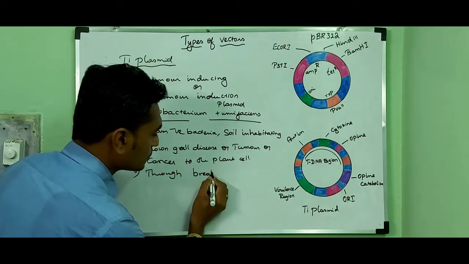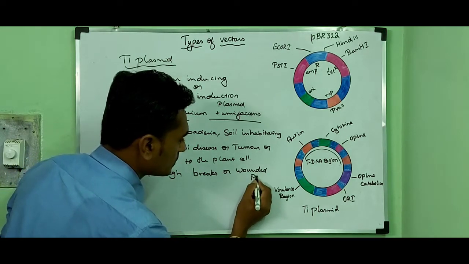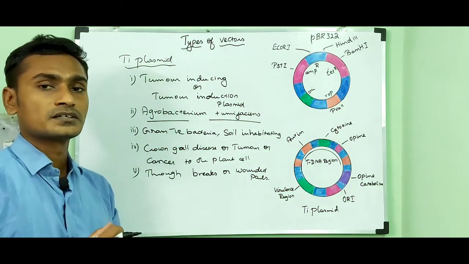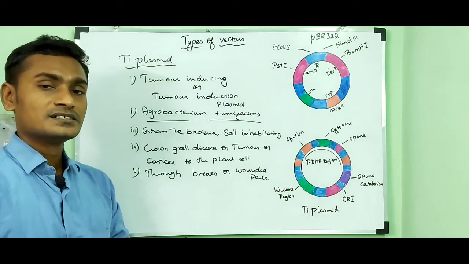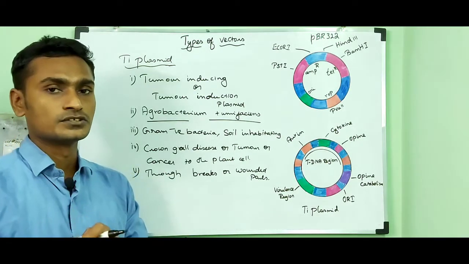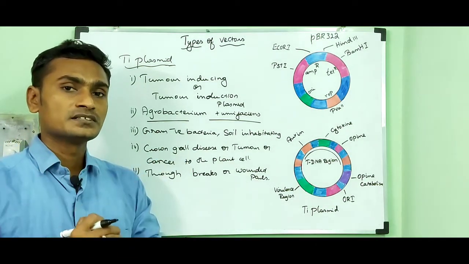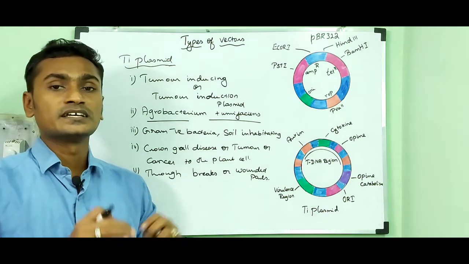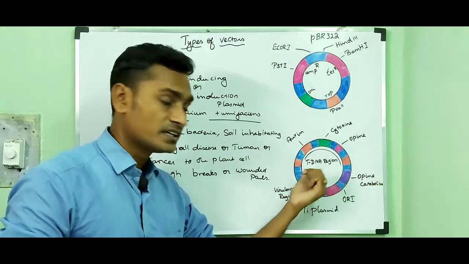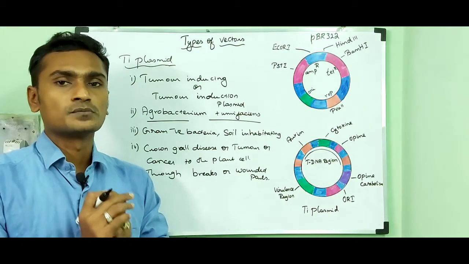It can form a tumor, which results from the integration of tDNA in the plant genome. So if the tDNA integrates with the plant genome, it shows tumor formation.